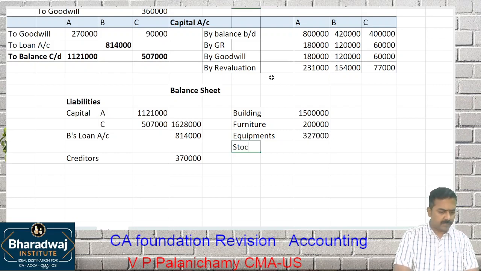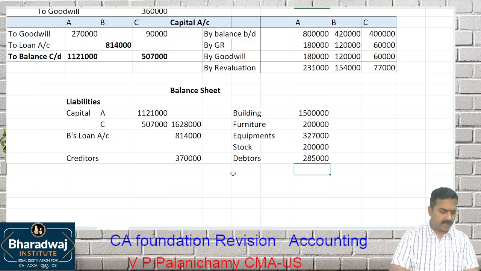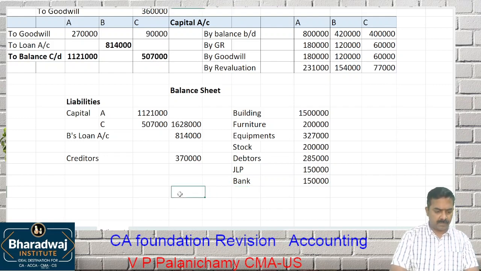Then stock, debtors minus new provision. 3 lakh minus 15,000. Then joint life policy will appear at 1,50,000. Bank balance, no change, 1,50,000.